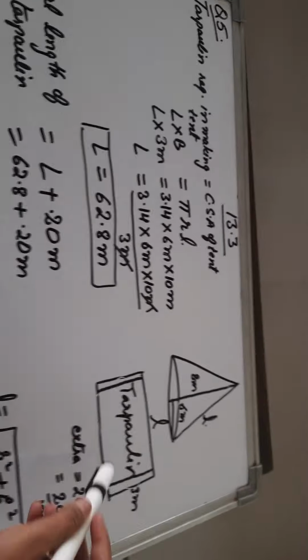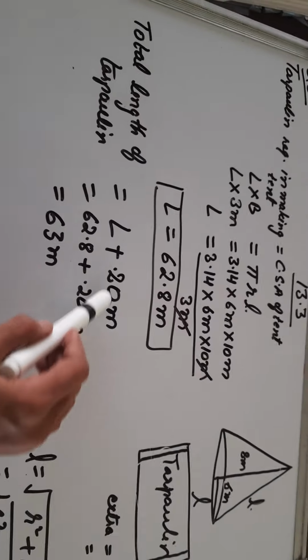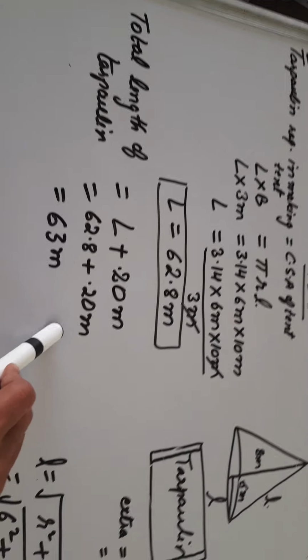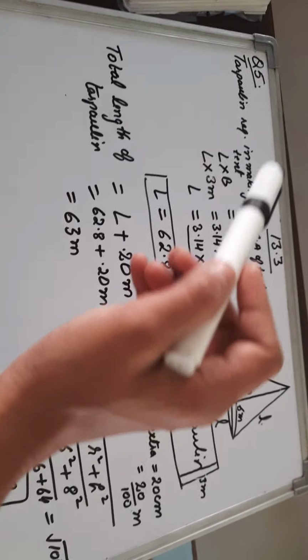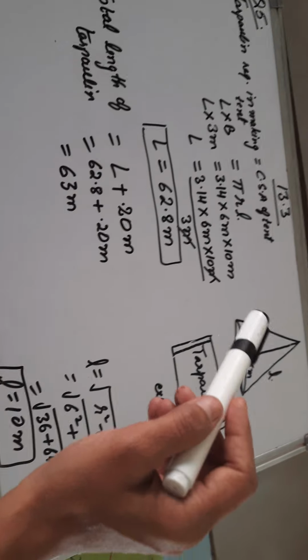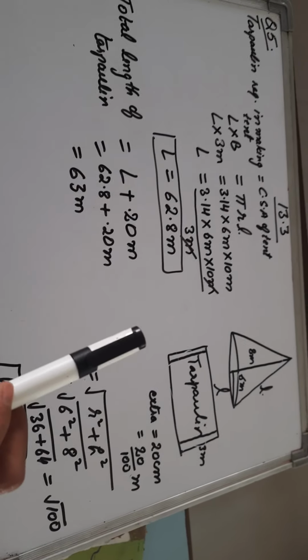area, because we need to buy some extra part of the tarpaulin, and that extra part of the length is given to us. So this is needed for the margins to stitch the tent. So first of all, tarpaulin required must be equal to CSA, because we will use the tarpaulin only in the CSA part, curved surface area.